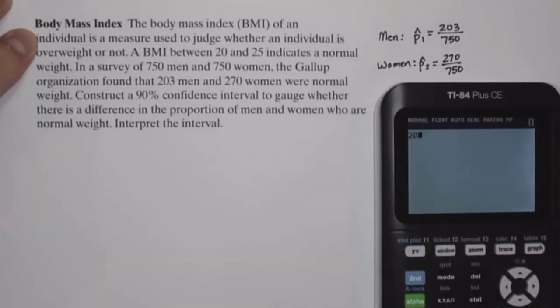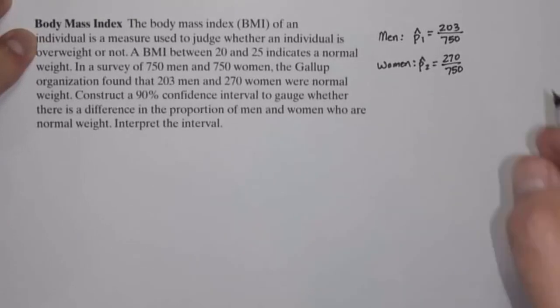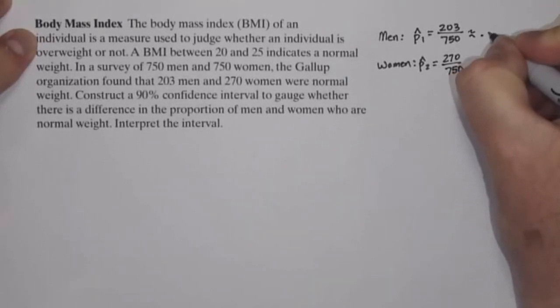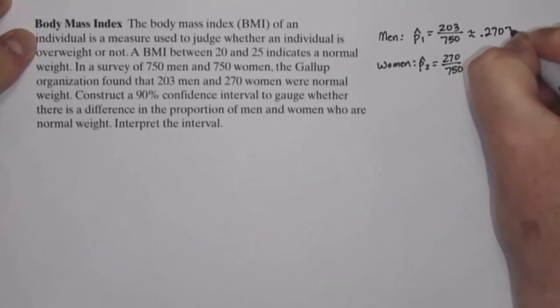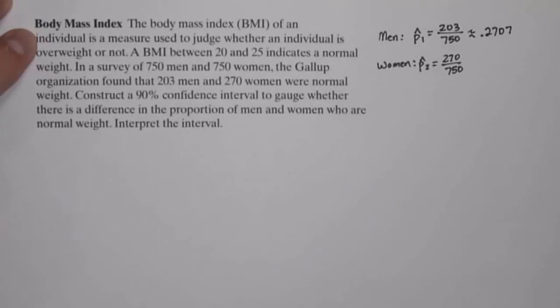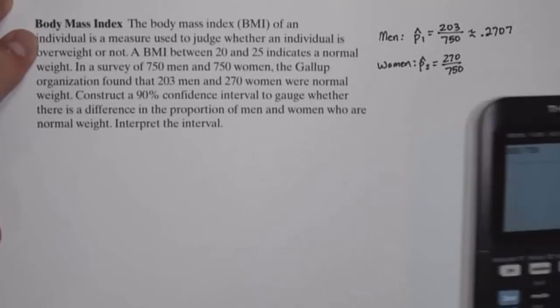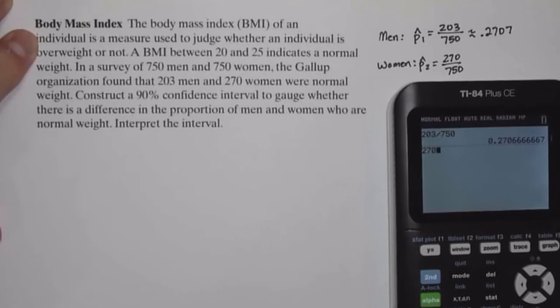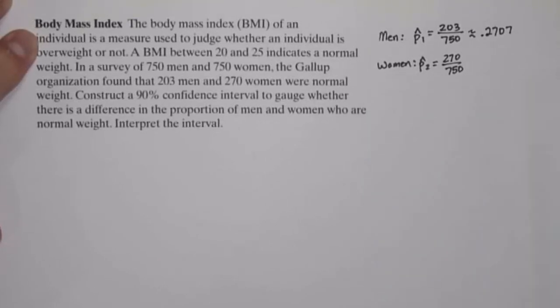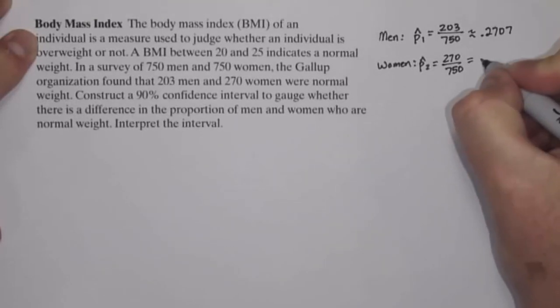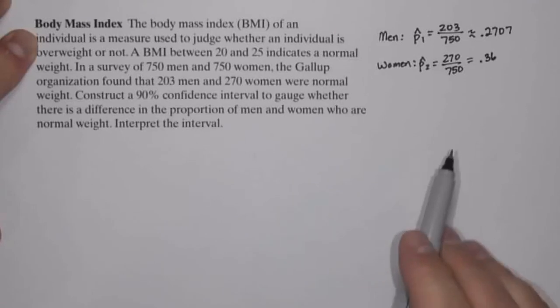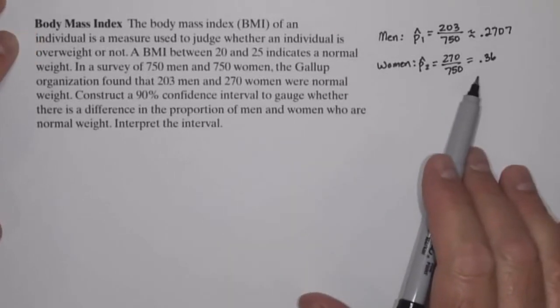Now, 203 divided by 750 is approximately 0.2707 if we round to 4 places. So about 27% of men were normal weight. If we take 270 divided by 750, that is 0.36, so about 36% of the women were normal weight.